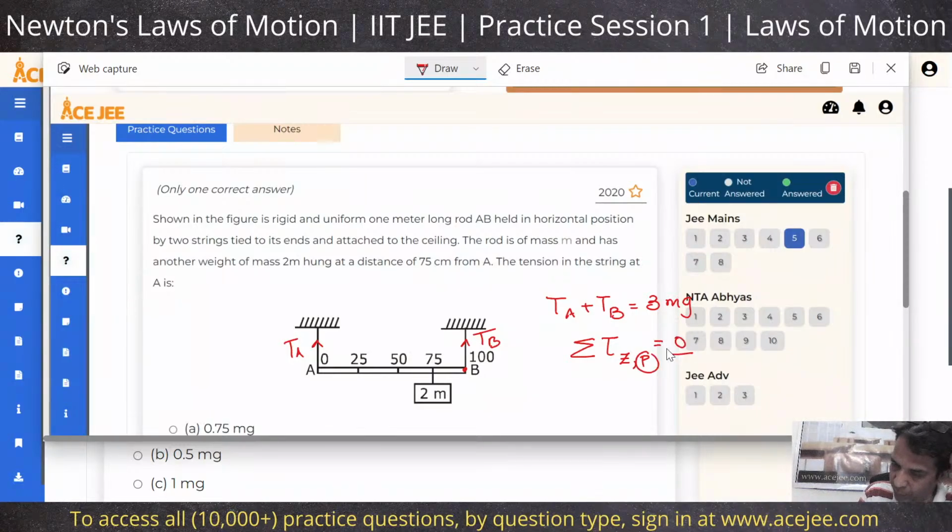Now, what should the point be? You chose here, somebody can choose in the middle, somebody can choose it here, right? You can in fact write your torque balance about this point as well, or about this point on the screen. You can do all sorts of crazy stuff. Which point you pick is according to your convenience.